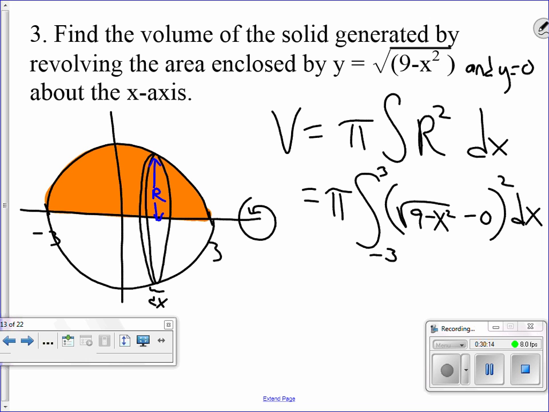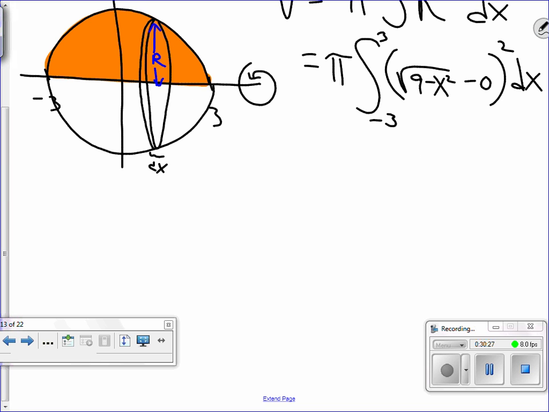All right, we don't even have to. What would you do next? What do we do? What do we do? Square the radius. Exactly.